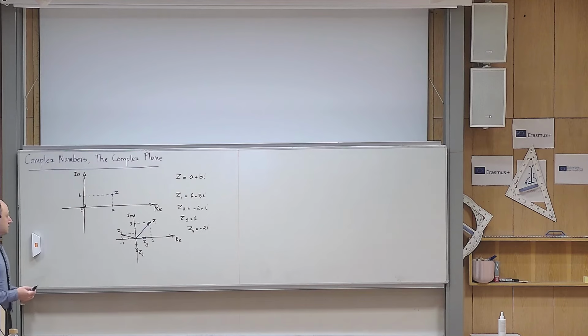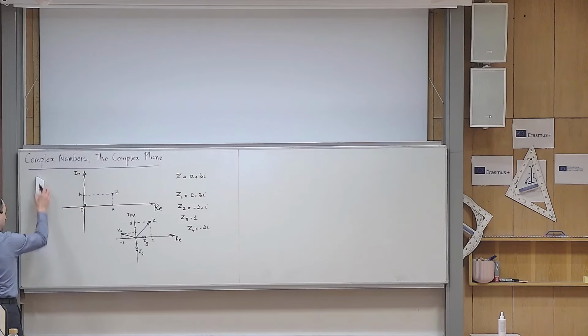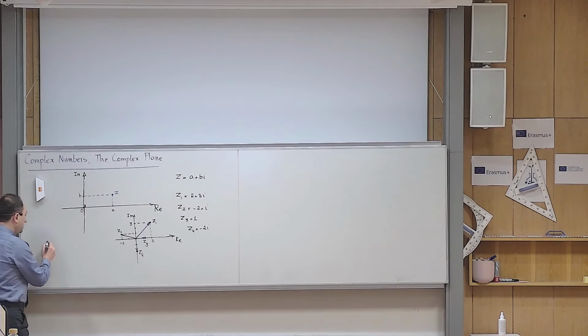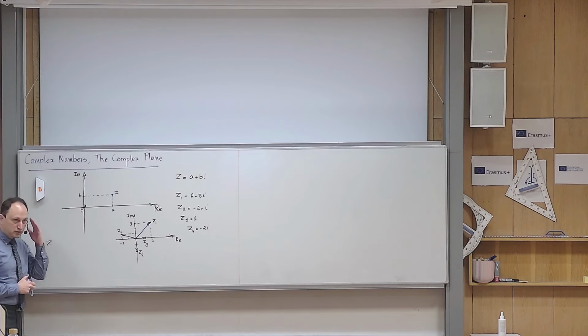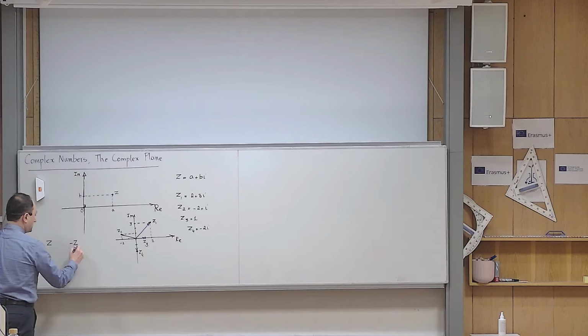So now let me ask you some questions to understand this concept a little bit better. For example, if I give you a complex number, from now on you have two methods to visualize it: abstractly, like numbers, or geometrically, like points or vectors. Let us say that I pick a random complex number z in my head. I don't tell you what that number is, but I multiply it by minus sign.